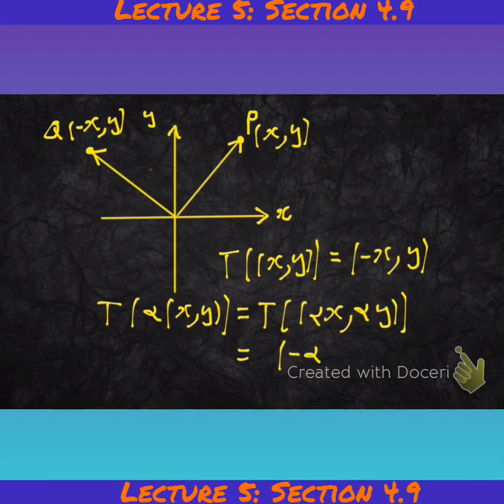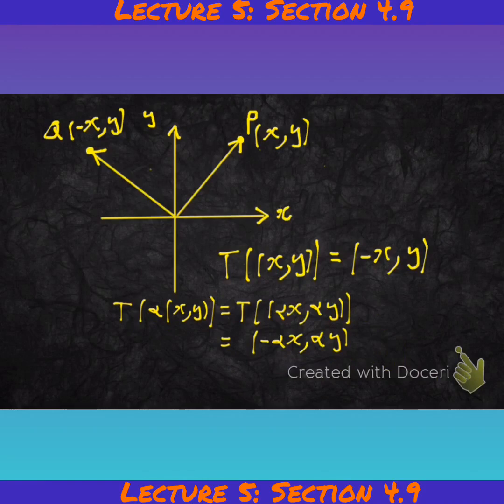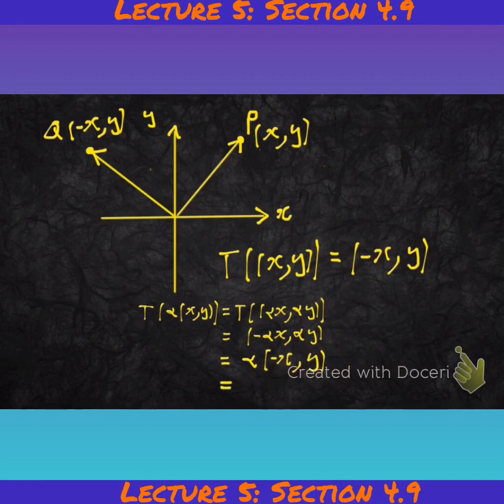It takes the negative of alpha x, and it maps the y value to the y value, and that we can write as alpha multiplied with the vector minus x, y, and that is equal to alpha T on the point x, y.